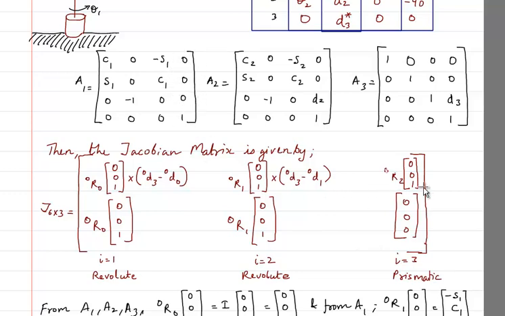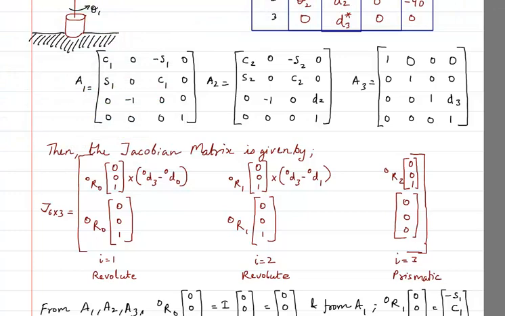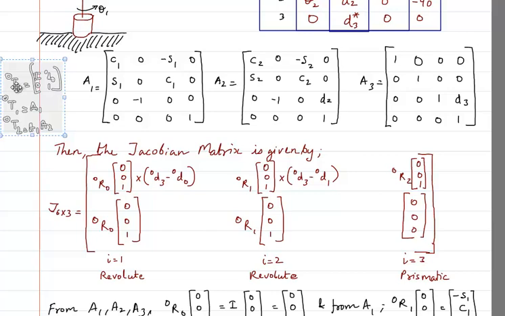As we can see here, because as I had already told previously, 0T0 is straight away the identity, and 0d0 is all going to be 0, 0, 0, whereas 0T1 will be A1, 0T2 will be A1 into A2, and 0T3 will be A1 A2 A3, out of which we have to take the different values.